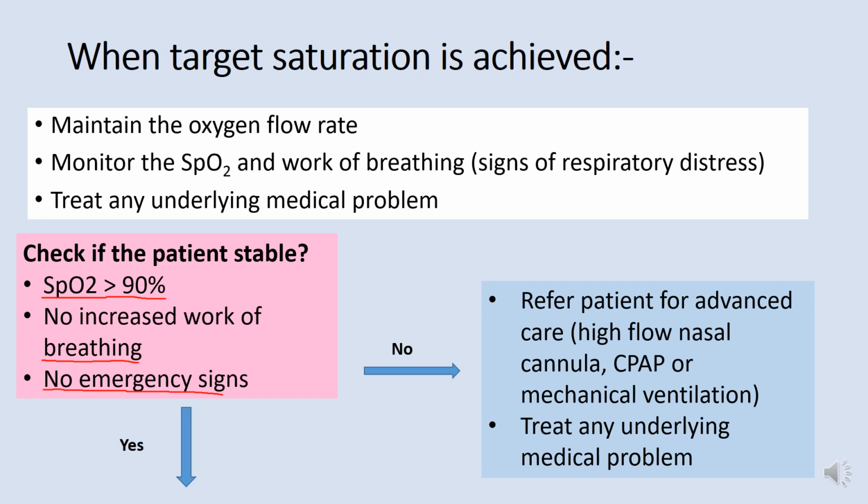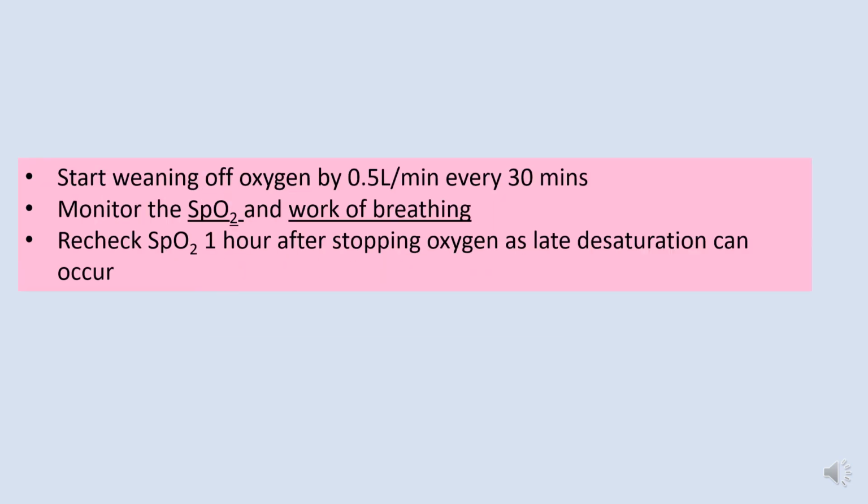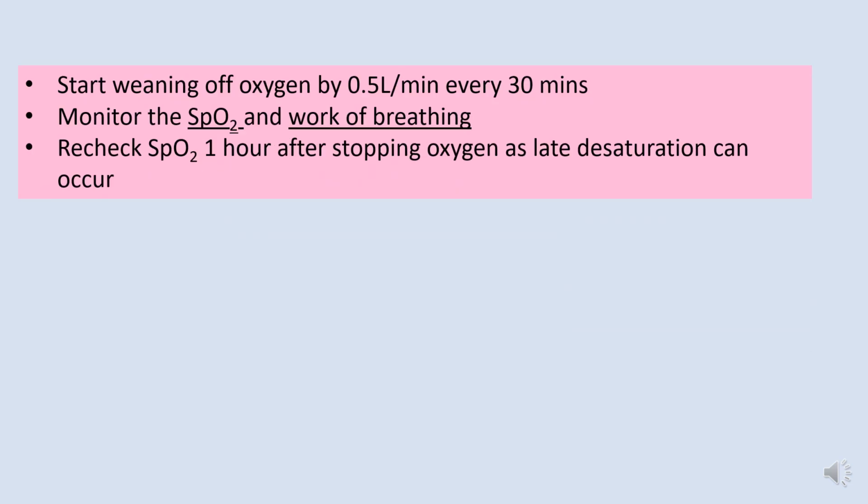If the answer to the patient stability is yes, then you make other decisions. If the patient is stable at the flow rate where you achieved your desired oxygen saturation, then you need to start weaning off oxygen.